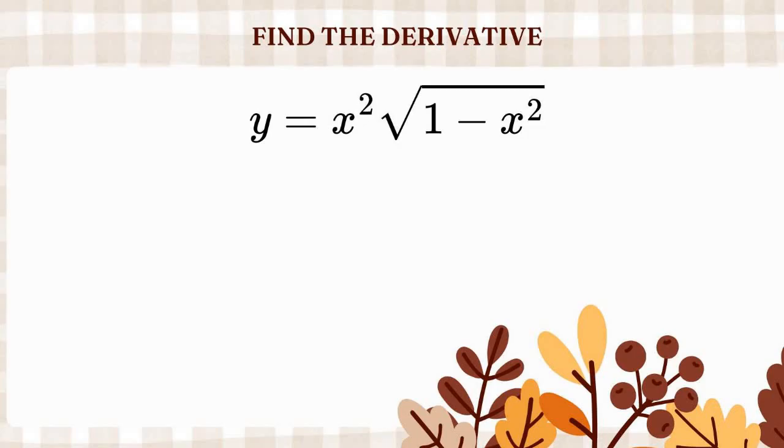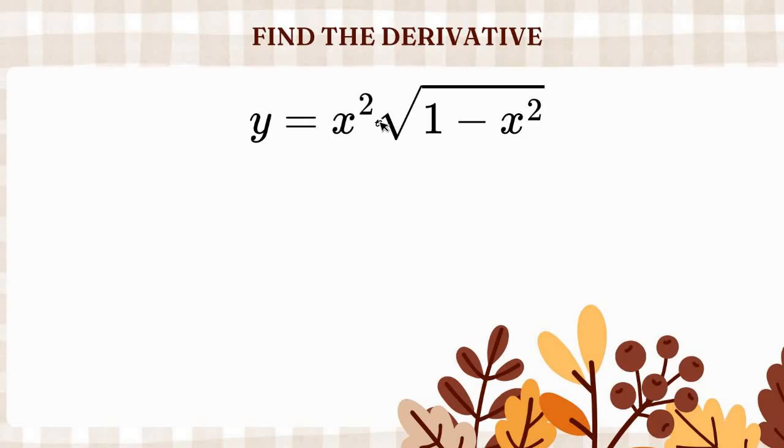So I have y equals x squared times the square root of 1 minus x squared. What operation do I have in between there? Multiplication. And what rule do we use when we have multiplication of two functions? The product rule.